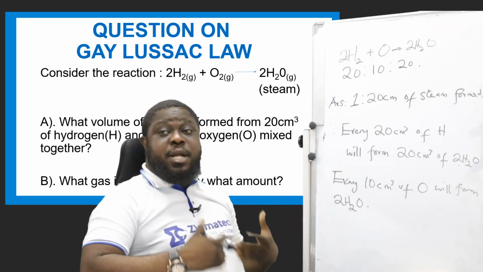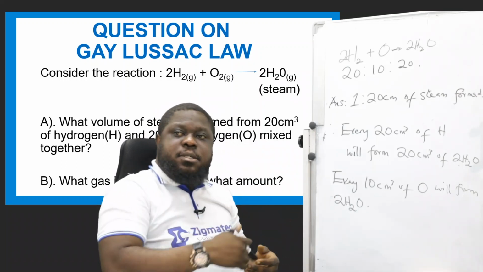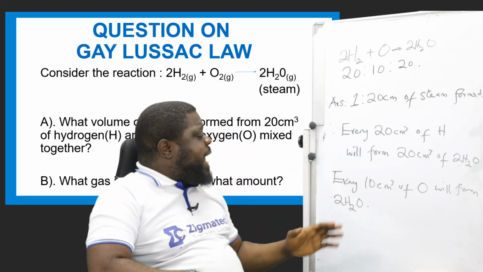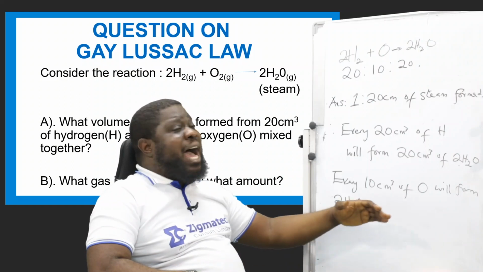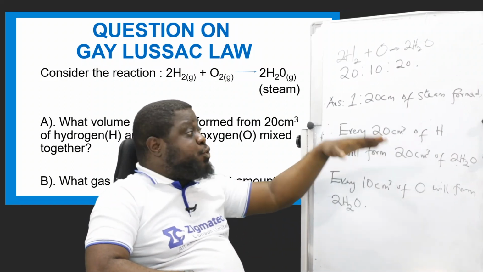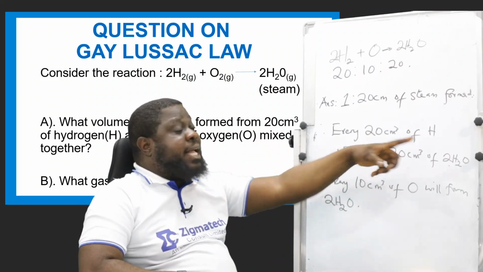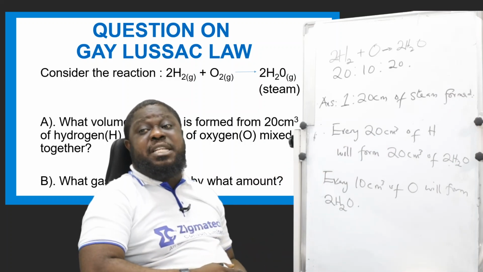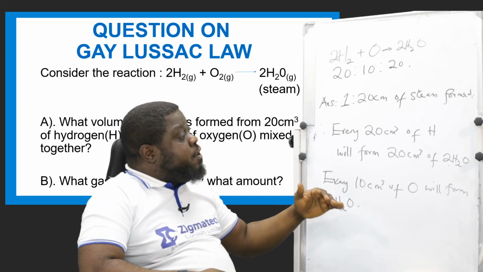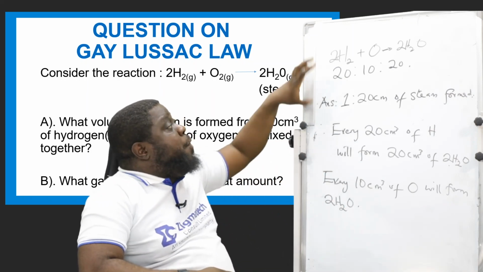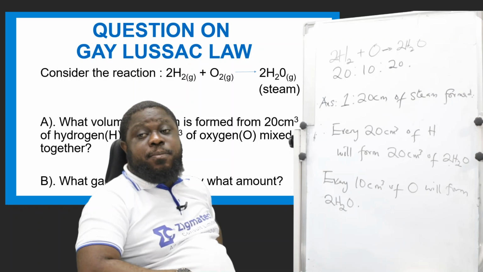Because the hydrogen is already 20, that will form 20. If you add the hydrogen to the 20, the steam will be 30. They did not tell you to look for 20 or 30. They say look for the same amount with the product that is being formed.